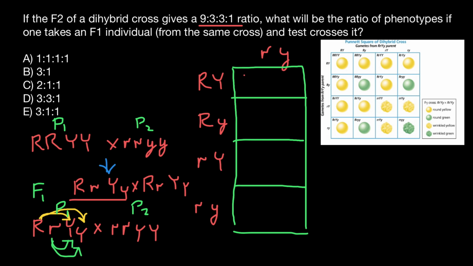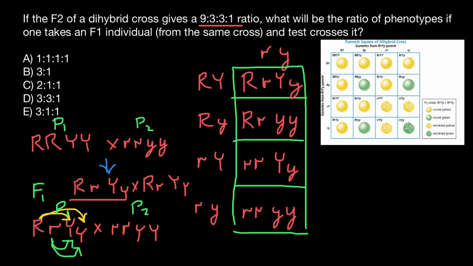So here we are going to have capital R, small r, capital Y, small y; capital R, small r, and small y, small y; and small r, capital Y, small y here; and small r, small r and small y, small y here. Now let's analyze what we got here. This genotype means round and yellow.